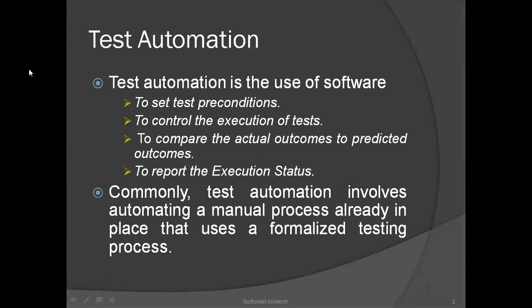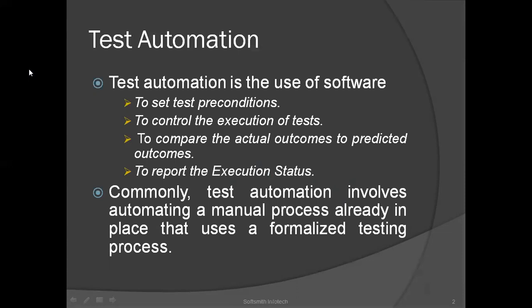So in manual testing, what happens is you have to do everything manually each and every time. If it is a regression set, once the build is completed from the development side, whatever test cases we covered in the previous releases, we have to run those test cases again and again in each build.